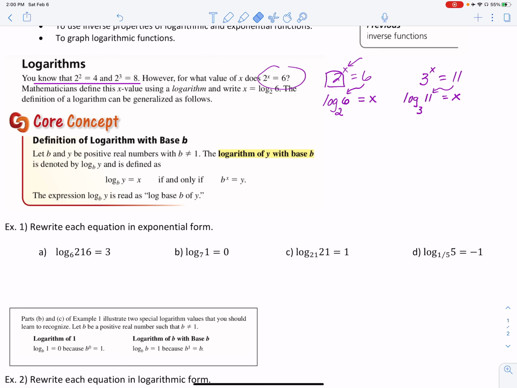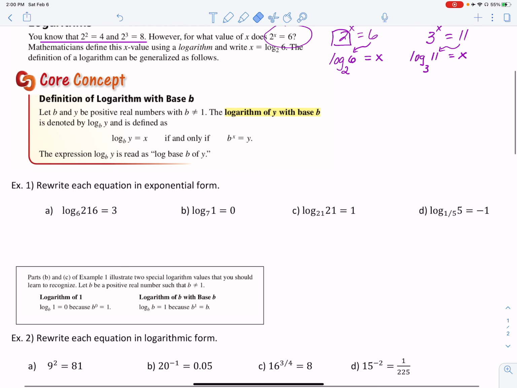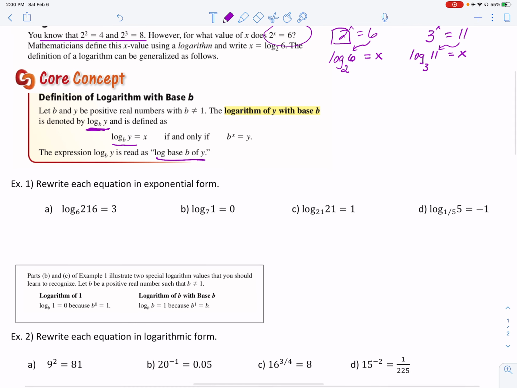And so the definition of logarithm can be generalized as follows. Let b and y be positive real numbers with b not equaling 1. Then the logarithm of y with base b is denoted like this. This is said log base b of y, and log base b of y equals x.